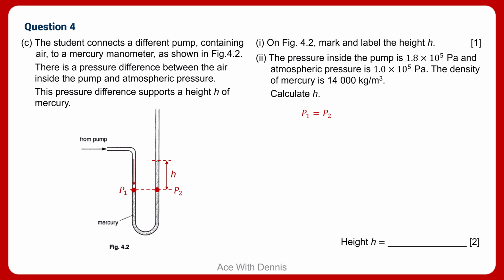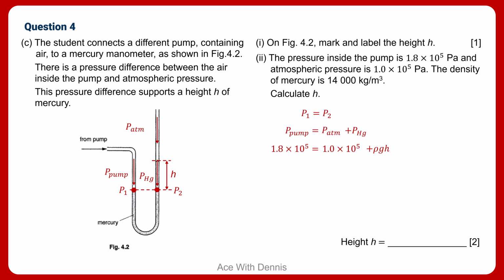For pressure number 1, the pressure comes from the pump, so P pump. For pressure number 2, the pressure comes from the atmospheric pressure, P ATM, and also the pressure from the mercury, P Hg. Now for the pressure from the pump, given 1.8 times 10 to the power 5 Pascal, atmospheric pressure is 1.0 times 10 to the power 5 Pascal.